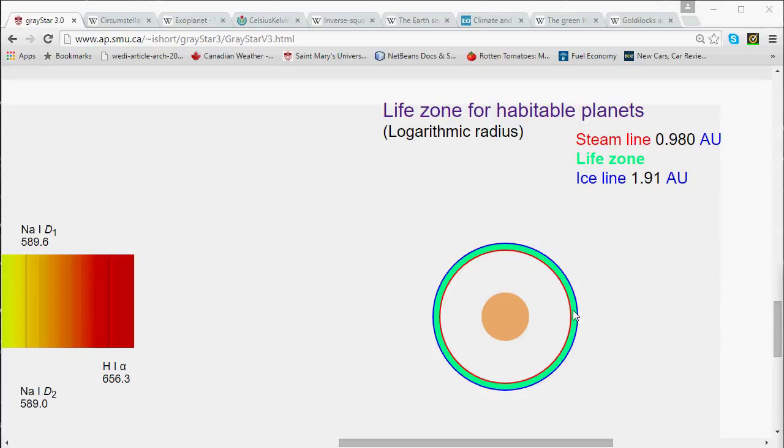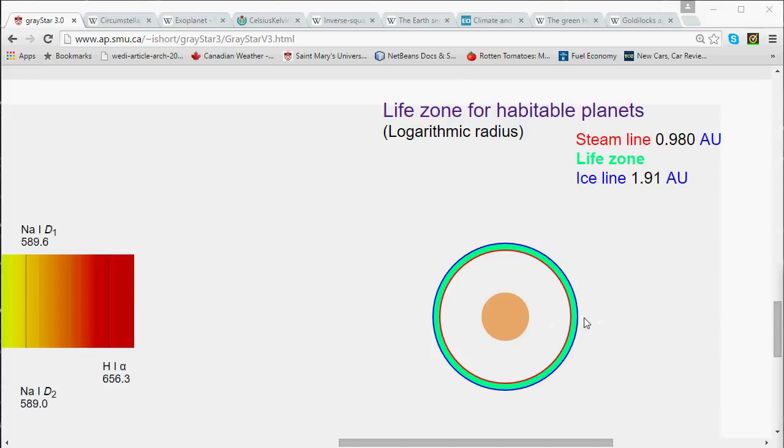In other words, in that zone, the planet's surface temperature will be just right for liquid fresh water under 1 Earth atmosphere worth of gas pressure to exist, and those are the conditions that we said would be ideal for life to arise, similar to what we have here on Earth. So because that zone is the one where the surface temperature of the planet is just right, not too hot as it would be in here, and not too cold as it would be out here, for that reason this zone is sometimes referred to as the Goldilocks zone.